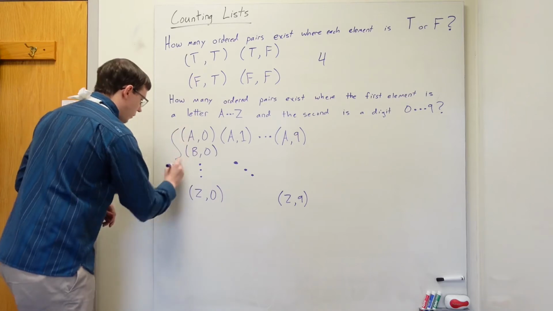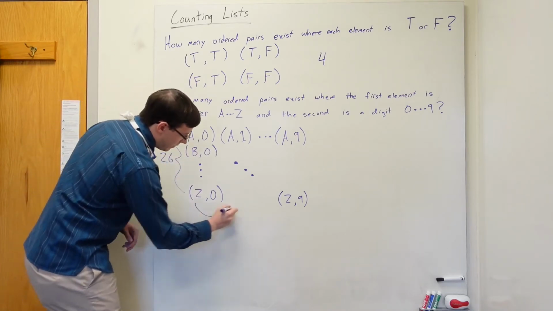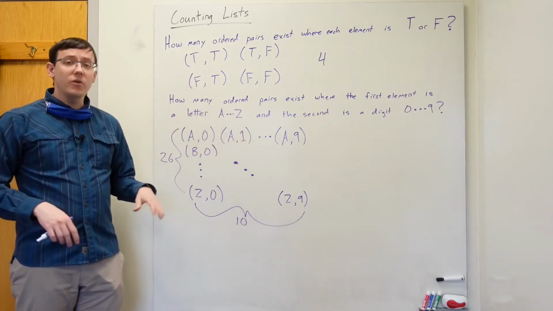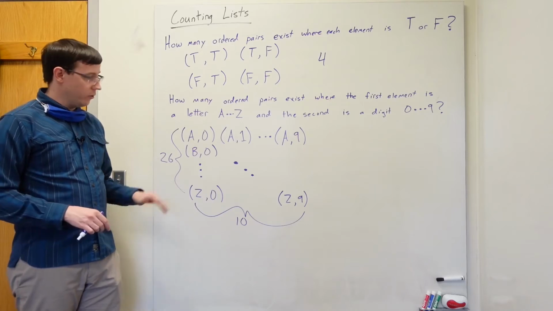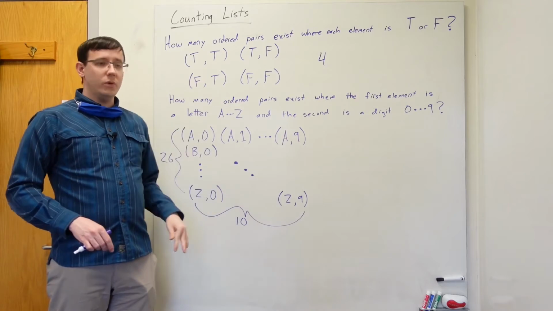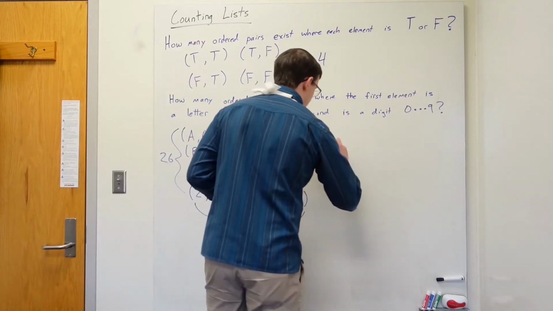We know that we have 26 letters and 10 digits. And so if we were to fill in this entire grid, all 26 rows and 10 columns, then we would have 26 by 10, or 260 total lists.